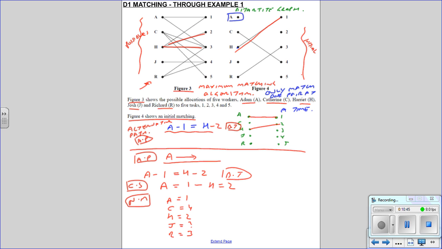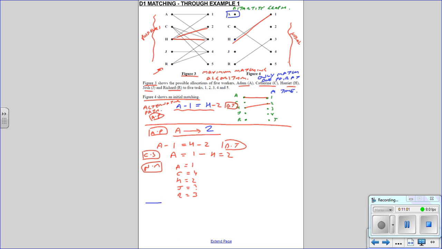If I now want to complete the matching, and if we just repeat that question, by the way, alternating path A, and then we matched up the whole thing to 2. So my alternating path is A2. Do you see? And therefore, to finish my matching, this forms my new initial matching to fill out the next task.